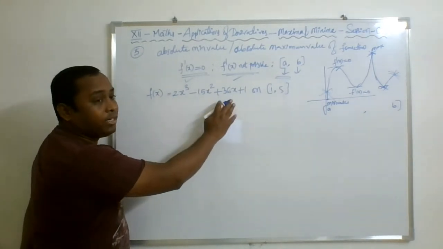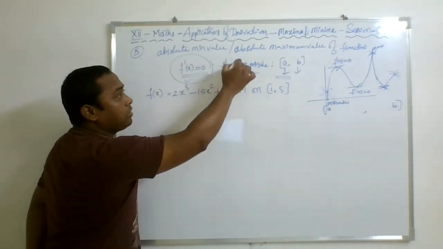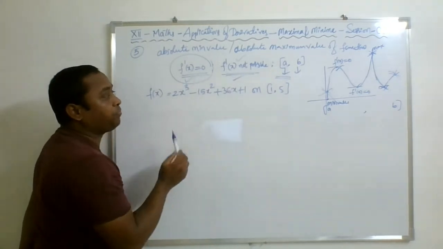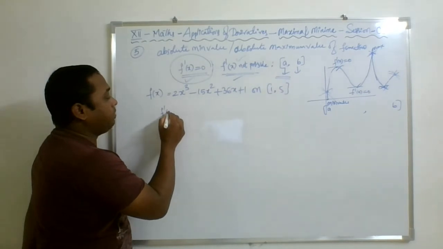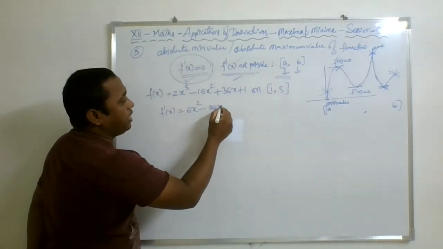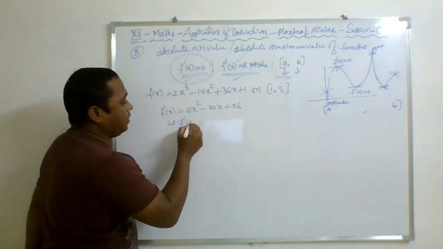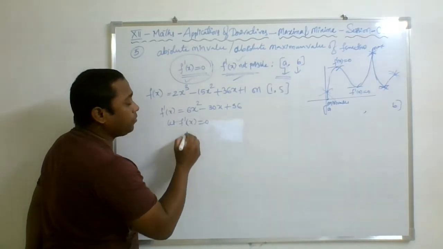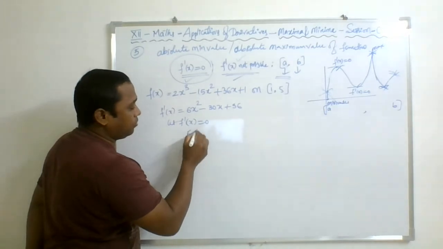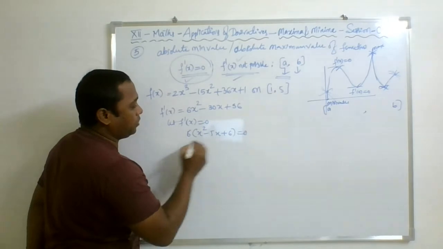First we'll do the derivative. The derivative is a must where the derivative equals 0, and we also consider those points where the function is not differentiable. So first we'll do the derivative. What you will get? 6x squared minus 30x plus 36. Let the derivative equal 0. Taking 6 as a common factor, x squared minus 5x plus 6 equals 0.